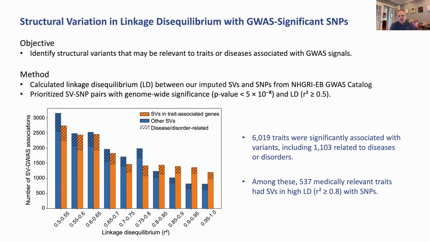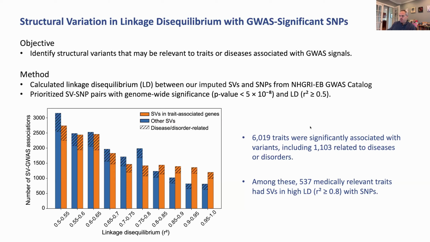There are on the order of 1 million SNPs now that have been labeled as at least statistically associated with different traits and diseases. So we can look at all those SNPs and ask a very simple question: how often is there a SNP that is nearby, in fact in strong linkage disequilibrium, with one of the structural variants we were just able to find through this All of Us study? And it turns out it's quite common.